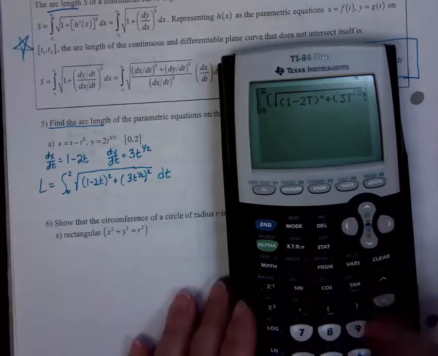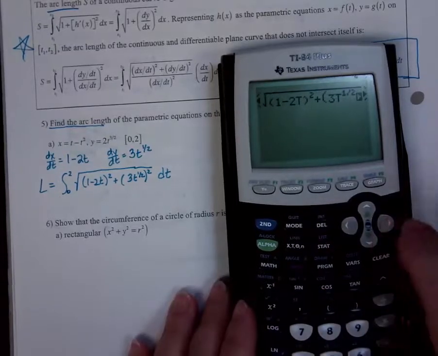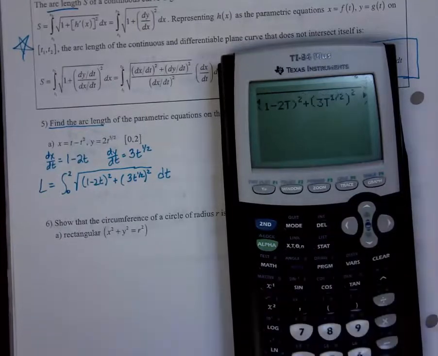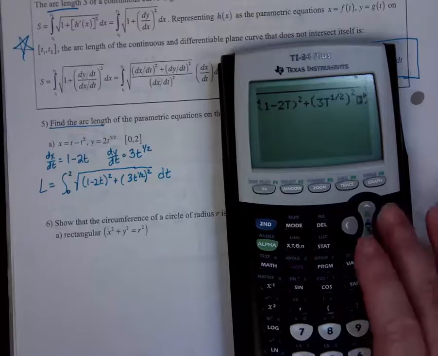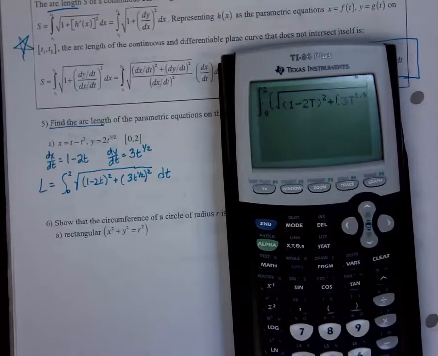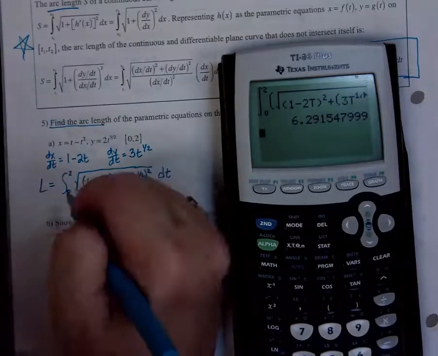Come down, close your parentheses, squared. Move over, dt. And the winner is 6.291. Do we all agree with that answer? Yes. So L equals 6.291 or 292.